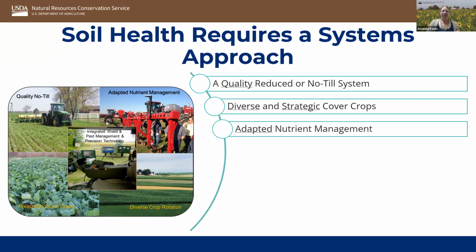And adapted nutrient management. So we all know across fields or between different garden beds, nutrient management is going to be different depending on the soils, depending on your crop, depending on your previous crop. All of those things are going to play in. So we want to adapt that nutrient management to the area that we're in. And that may mean that you have different zones across the field or different zones between beds.